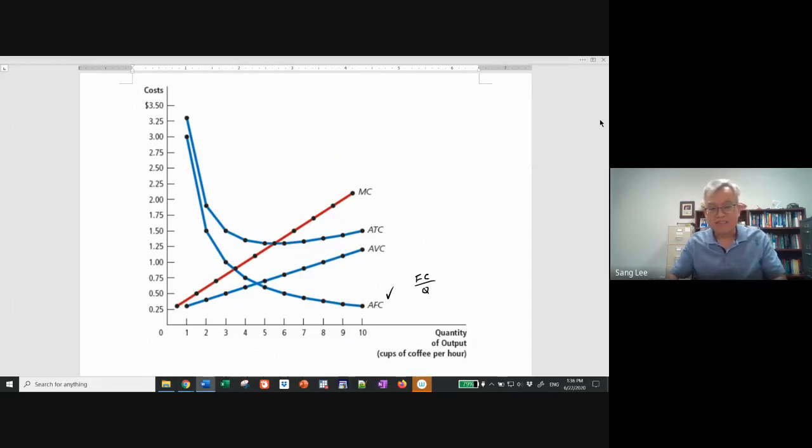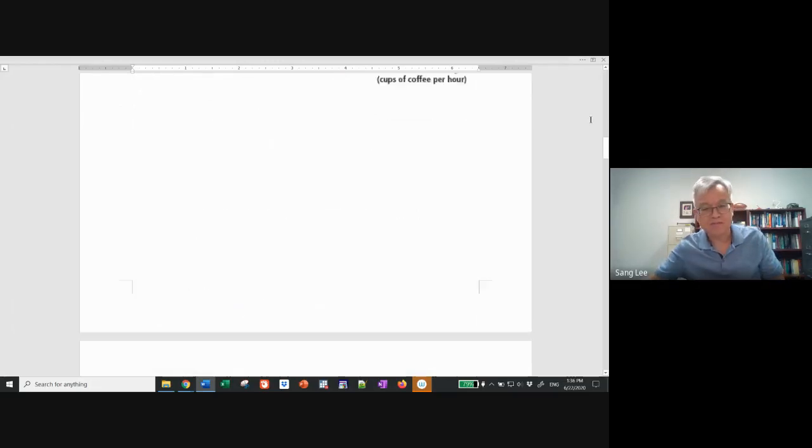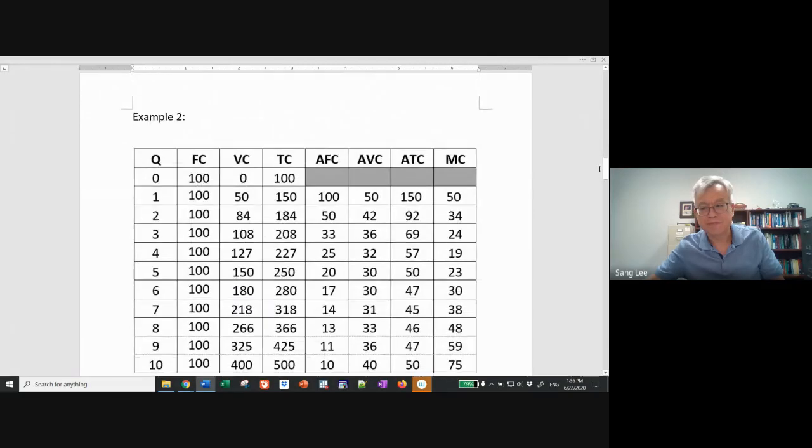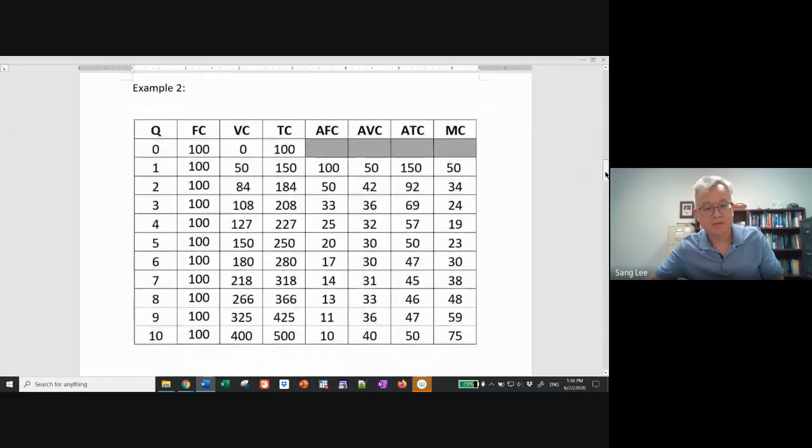Now, in the next example, we're going to look at more general cost of production. Okay. So here, example 2. All right. So here we produce a certain product, a good, from 0 to 10 units. Okay, now let's confirm.